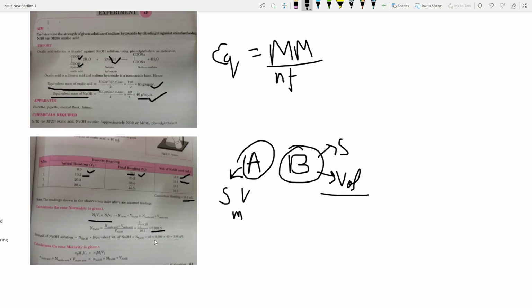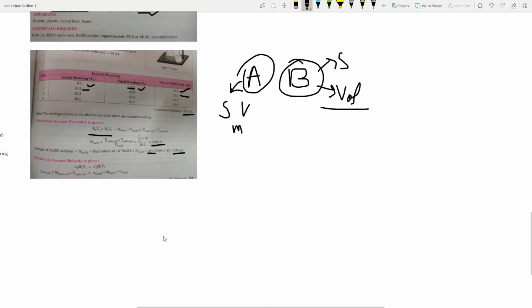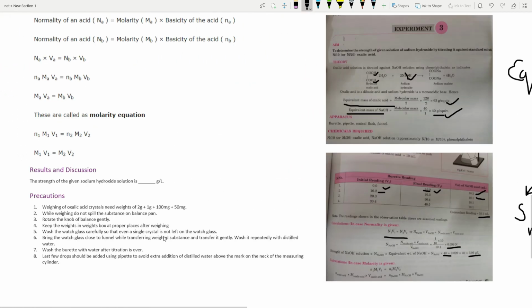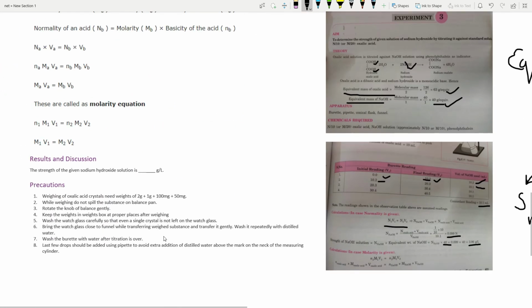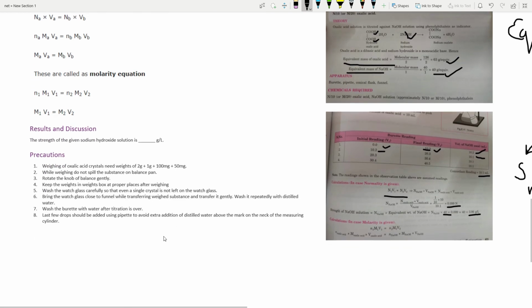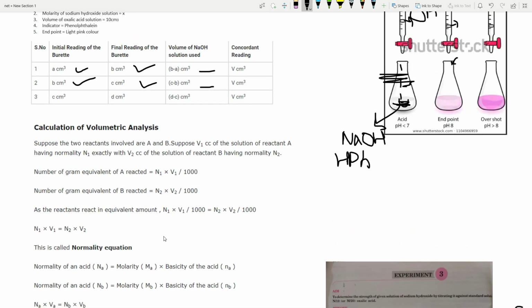Put 40 there and you'll get the strength, that is 3.96 grams per liter. Now your aim has been completed, and you got the strength of sodium hydroxide with the help of titration. There are a lot of precautions that you need to take, and this is all about titration.